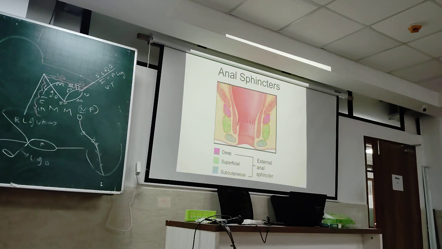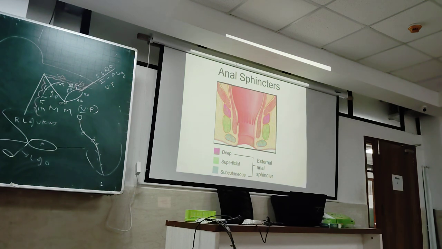There is a space between the two, which is called the intersphincteric groove, which is relatively avascular and described by Hilton. That's why it's also called the white line of Hilton. The intersphincteric groove is between the subcutaneous sphincter and the smooth muscle deep sphincter.